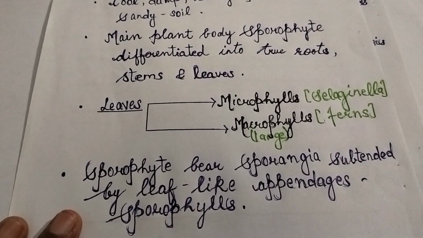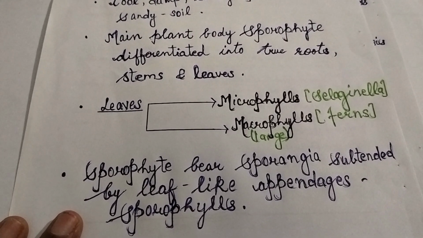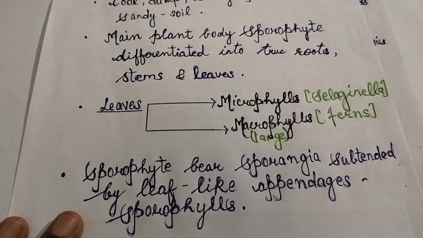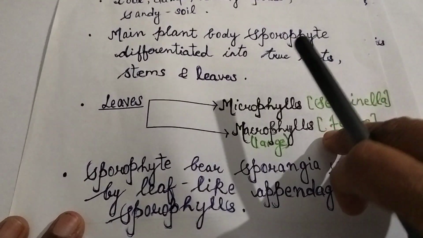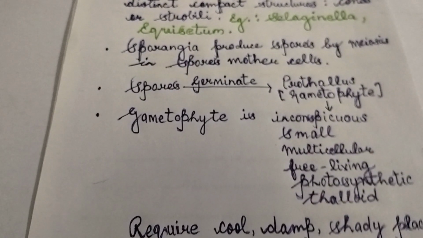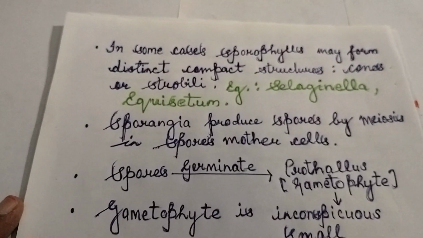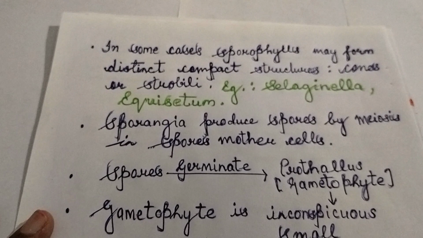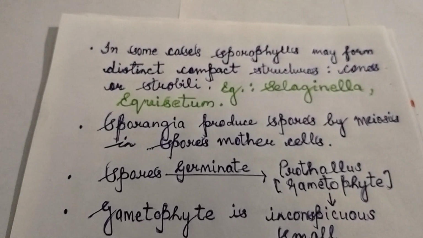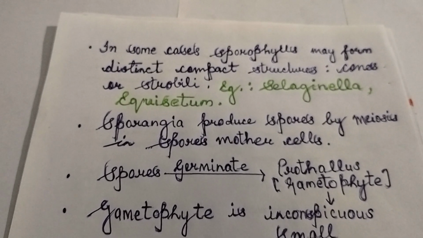In some cases, sporophylls may form distinct compact structures called strobili or cones. Okay. In some cases, these sporophylls form cones. If you ever remember, cones or strobili are present in pteridophytes.